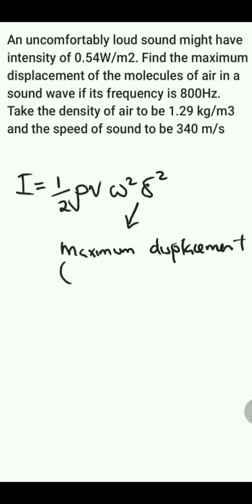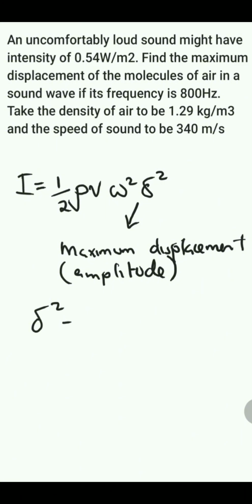We can also consider it the amplitude. So maximum displacement will just be the same as amplitude in this case. So we're going to find this by simply making it subject of the formula.